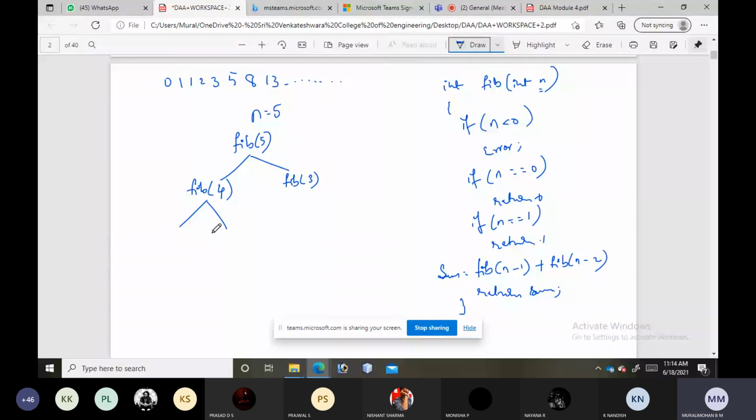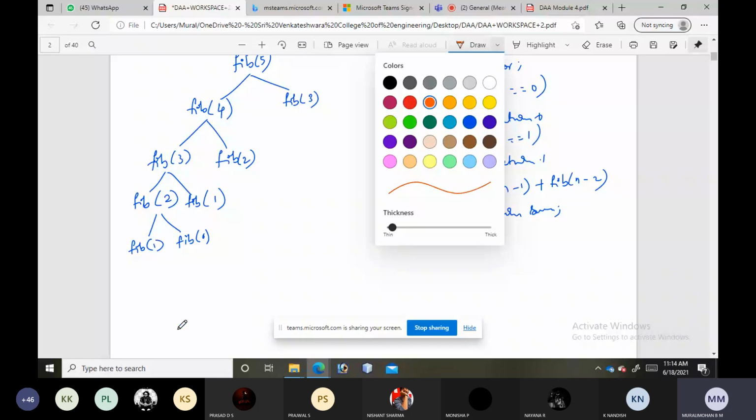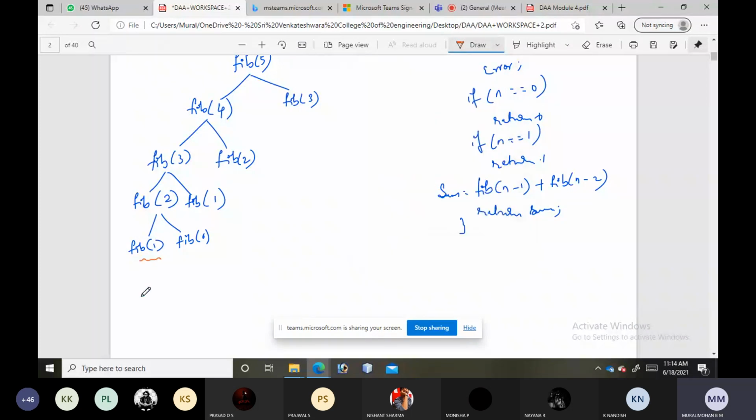So it is fib of 3 and fib of 2. Again it will call fib of 2 and fib of 1, then fib of 1 and fib of 0.